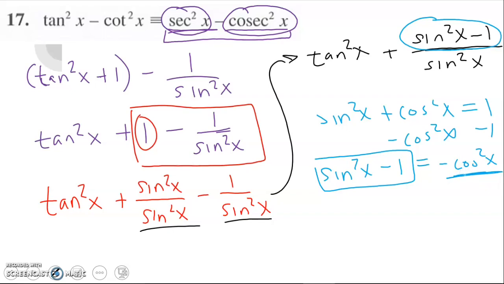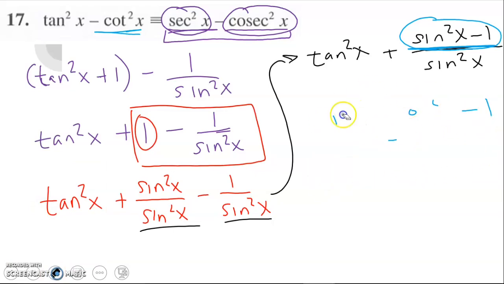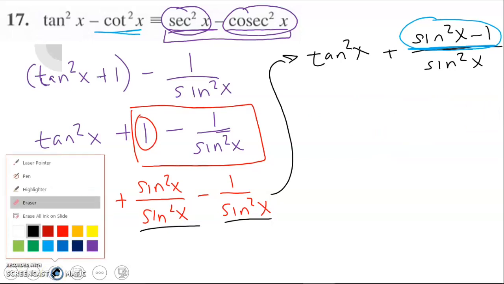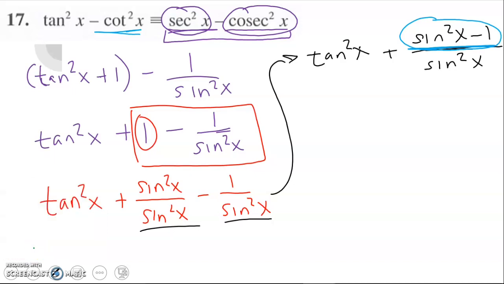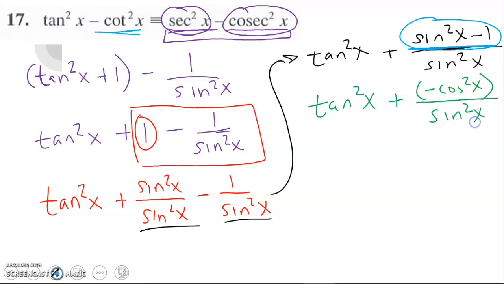Since, again, if I have cosine up here, that might help me to get this cotan in the same process. Okay? Alright, so I know I'm replacing that with negative cosine squared x. Okay, so what I have is tan squared x, and I'm replacing that with negative cosine squared x over sine squared x.